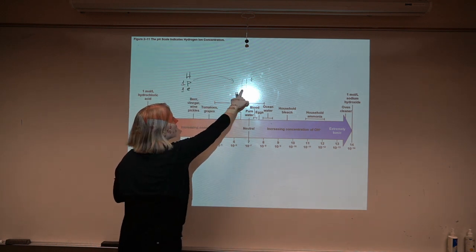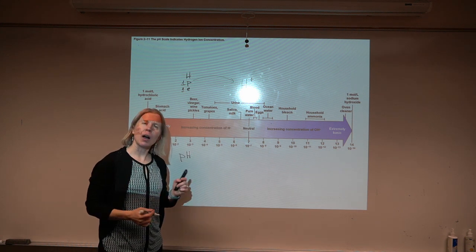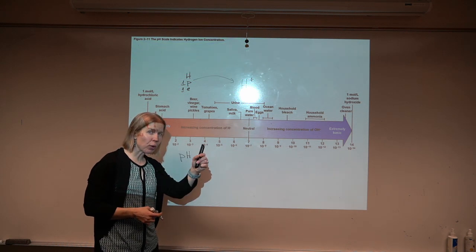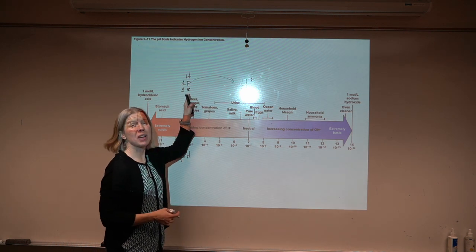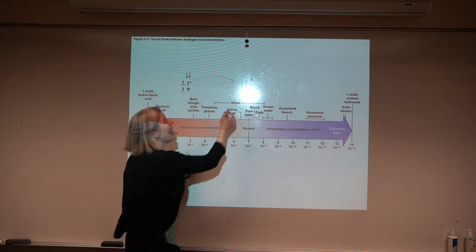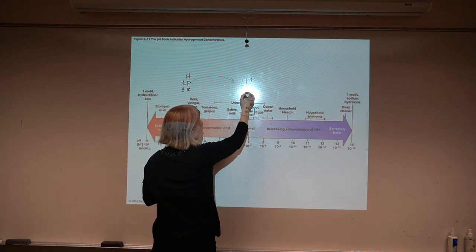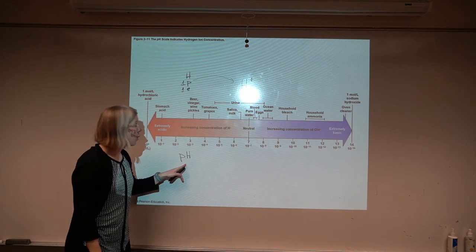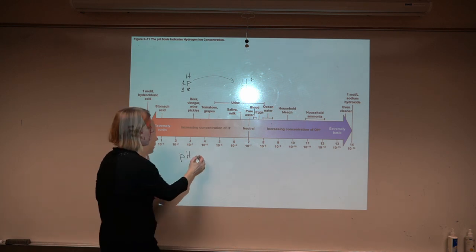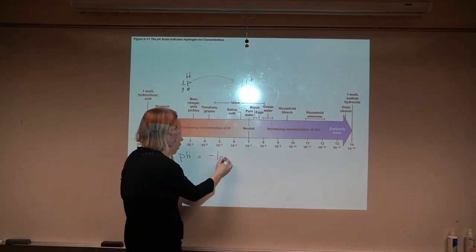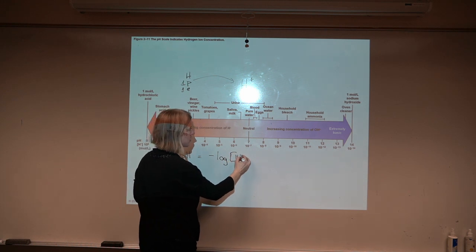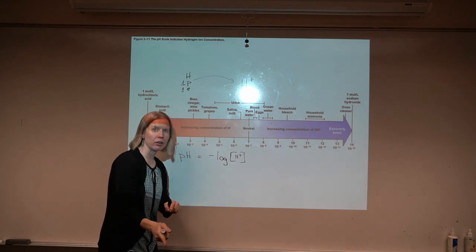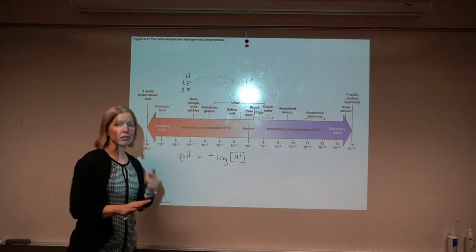When we see hydrogen in its ionic form, how would you get the positive charge? You have to have 1 more proton than you do electrons, which means we've gotten rid of the electron. Hydrogen ion is essentially a single proton all by its lonely self. When we think about the power of hydrogen, pH is really the negative log of the concentration of hydrogen ions, right? So the brackets mean concentration of, and then we'll talk about this negative log.